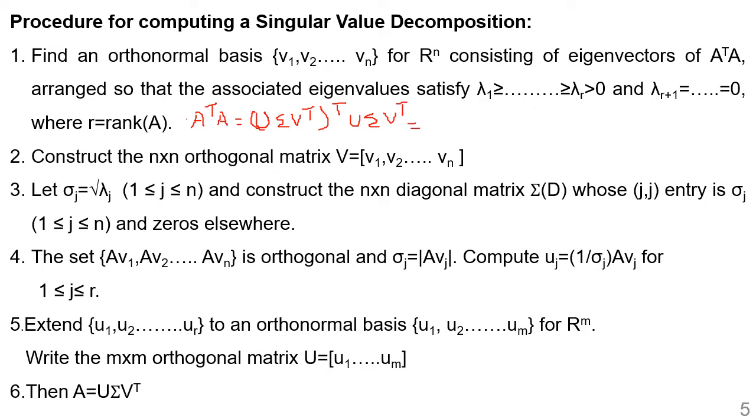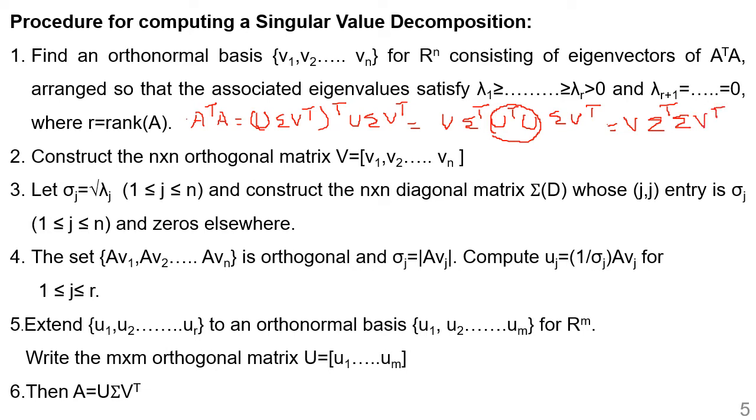When we simplify this, we get V sigma transpose U transpose U sigma V transpose. And U transpose U is the identity matrix. So therefore, you get this as V sigma transpose sigma V transpose.